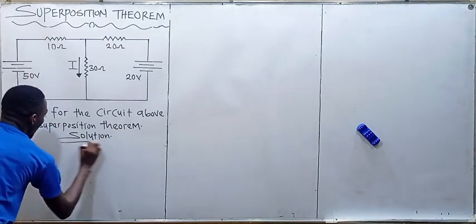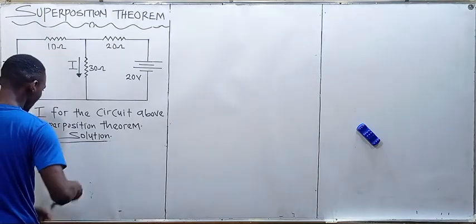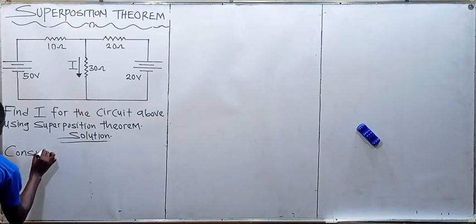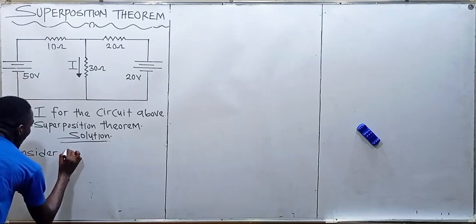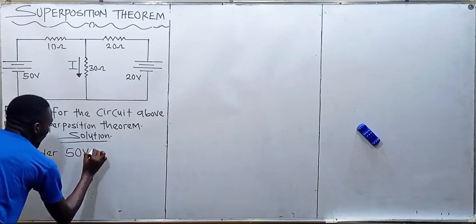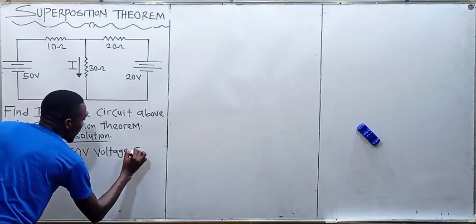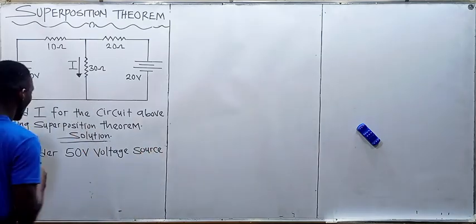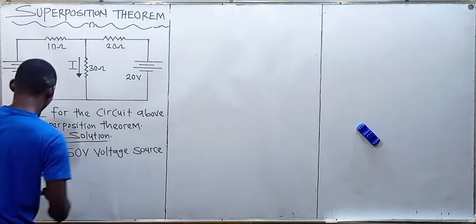Consider the 50 volt voltage source. Alright, so we need to draw the diagram again.